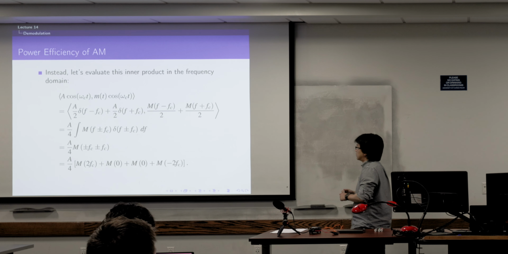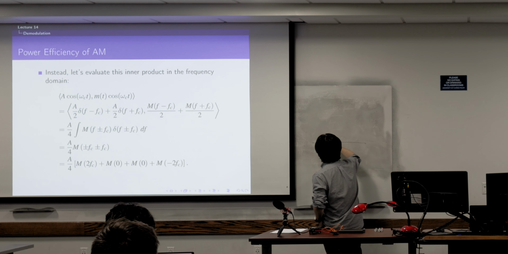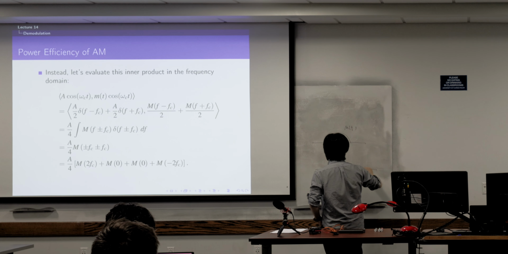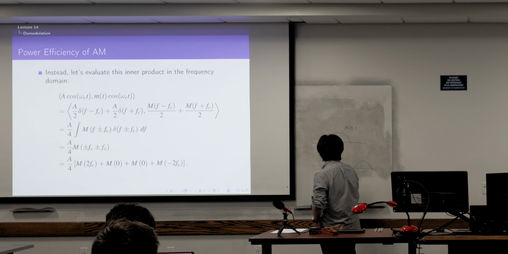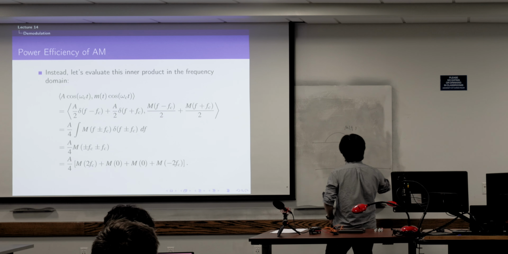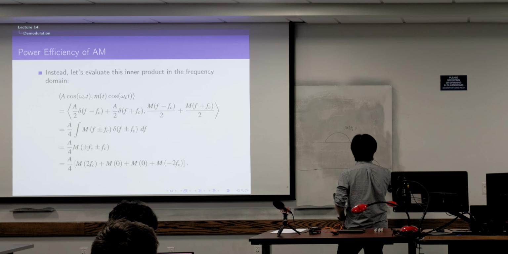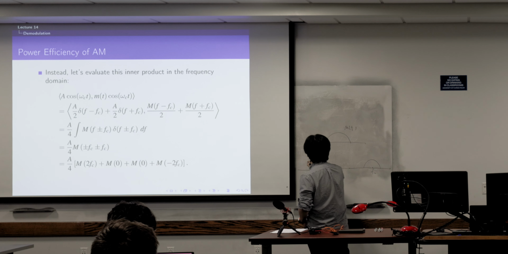When I was trying to explain that, I drew 2 figures. So this is M(f), and let me write it more clearly, this is a shifted version of it, at f_c, and here is minus f_c.